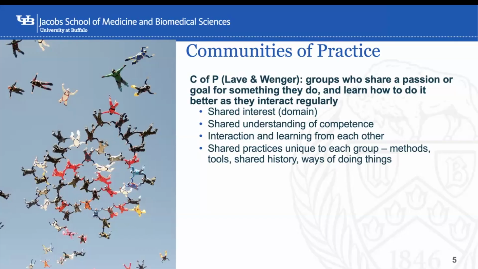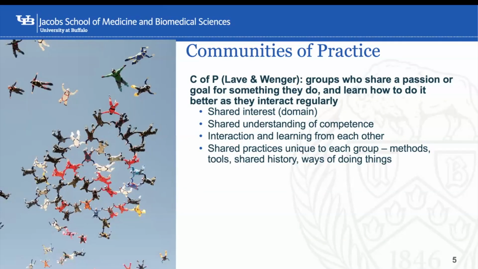They came up with this concept of communities of practice, which are groups that share a goal and learn how to work together towards those goals. They have a shared interest and a shared understanding of what being competent is, and they interact with each other to achieve those goals.